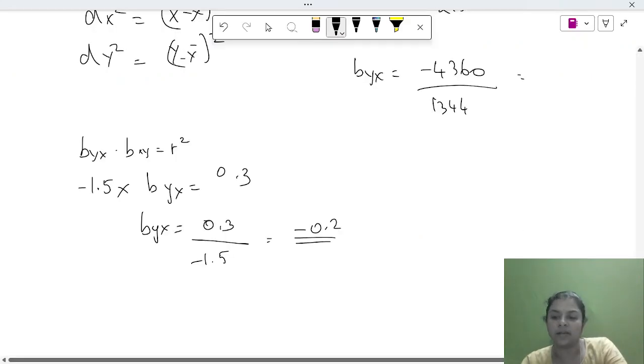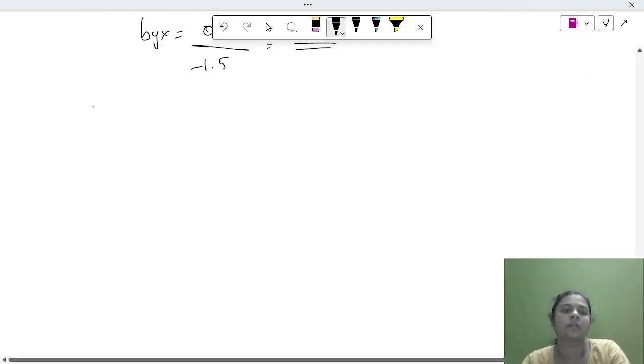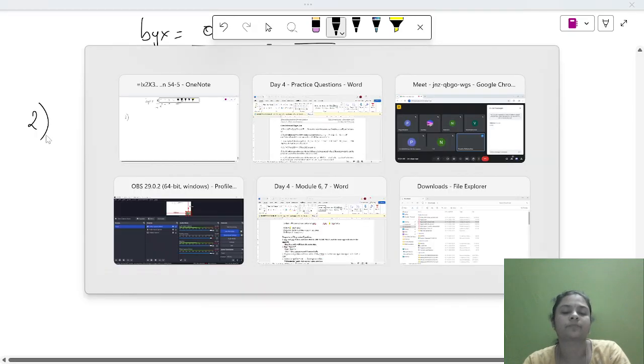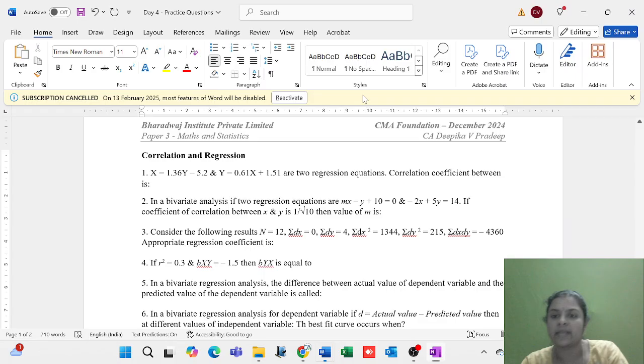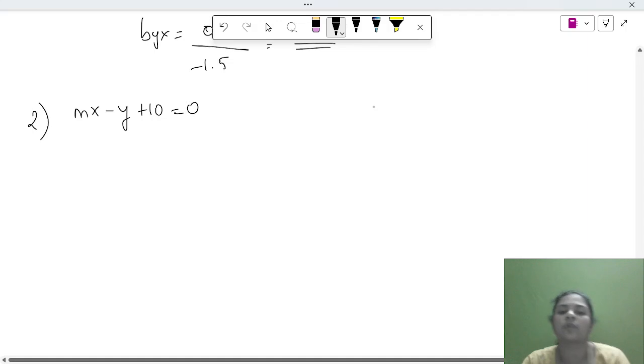Okay, so let's calculate the two regression equations. mx minus y plus 10 equals 0, and the second equation is minus 2x plus 5y equals 14.